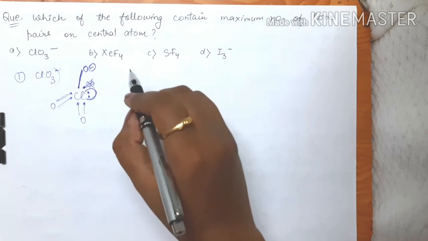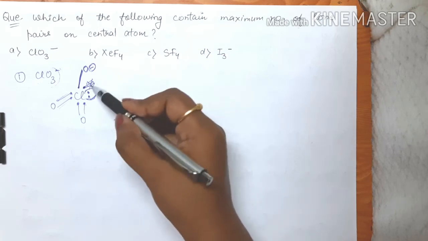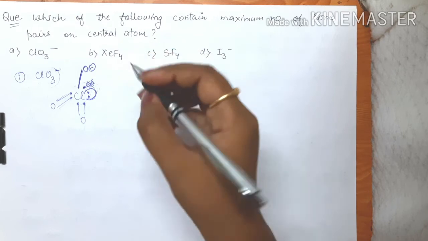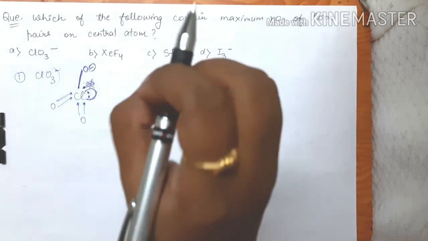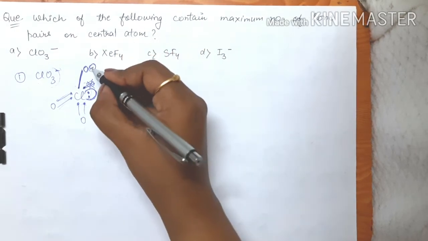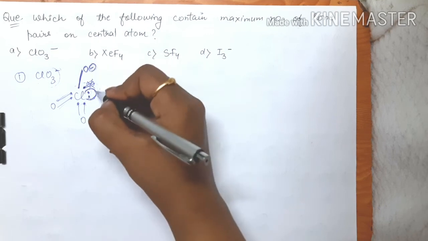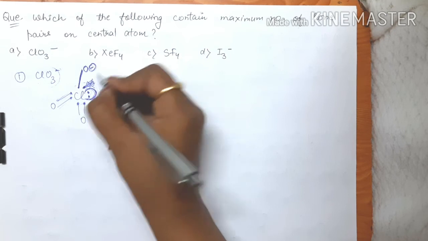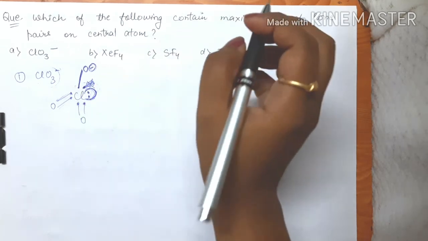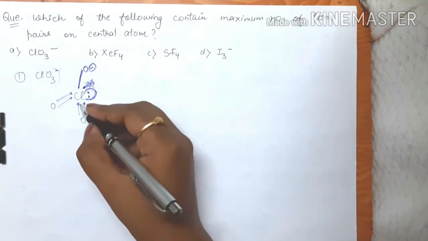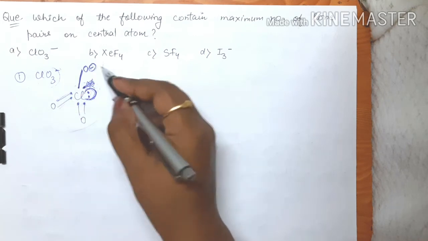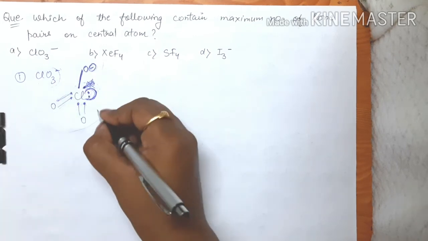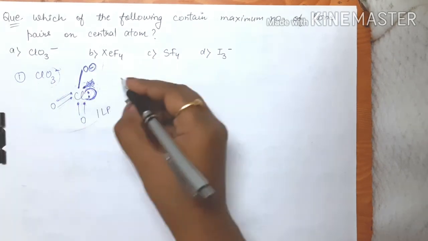So if we can make a full lone pair on this central atom, then we are going to make a full lone pair. That's why we have introduced the negative charge on the oxygen and 1 lone pair on this chlorine. That's why we have not introduced this negative charge onto this chlorine. So now this is the rough structure of ClO3 negative. Here there is 1 lone pair present.